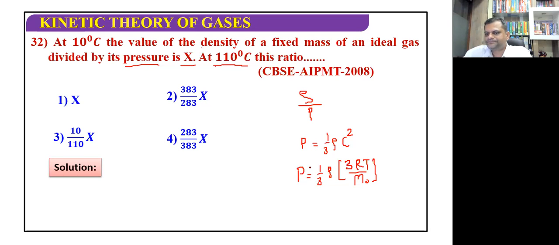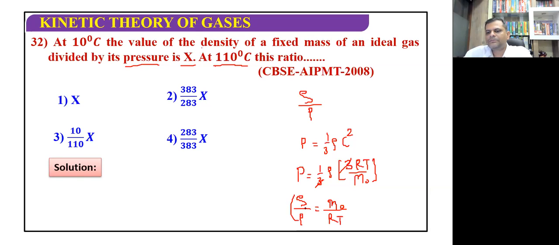So if we just cancel these 3 out, and then just take this p in the denominator here, what will be this rho by p ratio here? So rho by p ratio comes out to be m naught upon RT, correct है? So देखो m naught upon RT, this ratio is the rho upon p here.